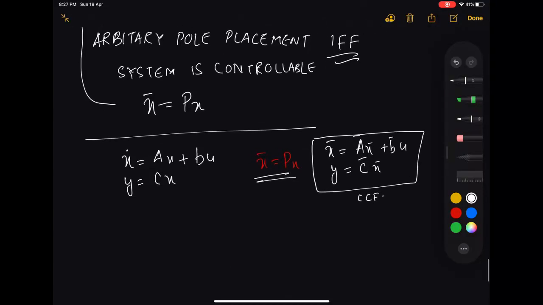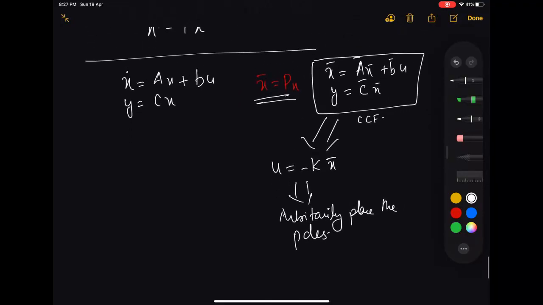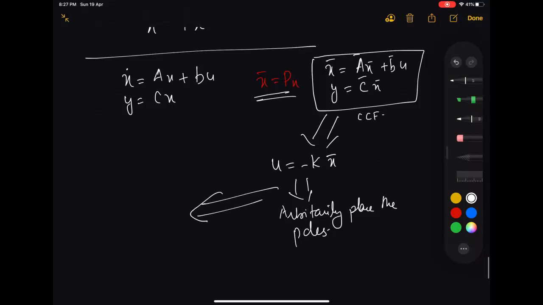And then when you apply the state feedback law, u is equal to minus K x bar on this, you'll be able to arbitrarily place the poles. And what is the state feedback law in terms of the original state variables? If you see, u is equal to minus K x bar is actually minus KPx.